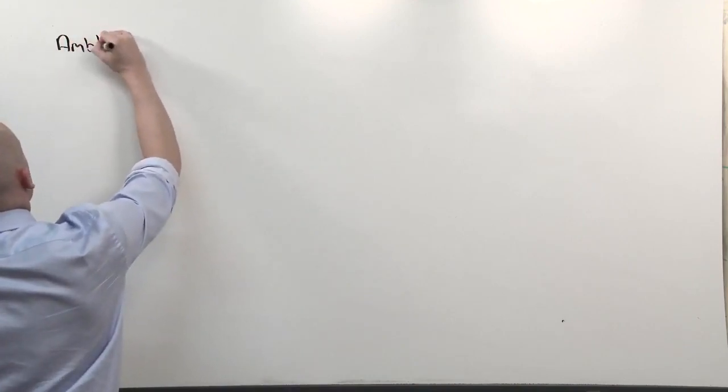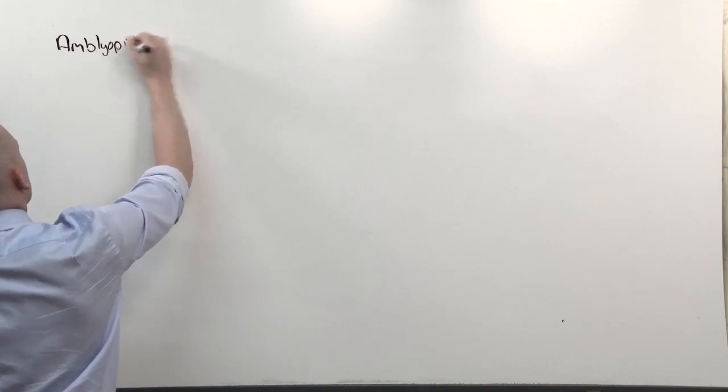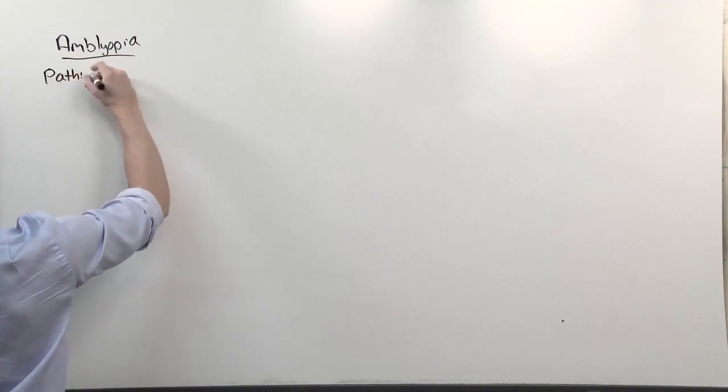That is to say, if the brain doesn't think the eye is doing what it's supposed to do, it's going to turn off those cortical inputs. The disease state is amblyopia, in which case you develop cortical blindness.